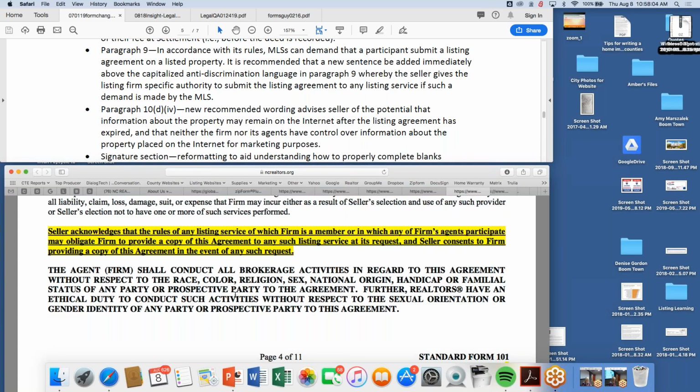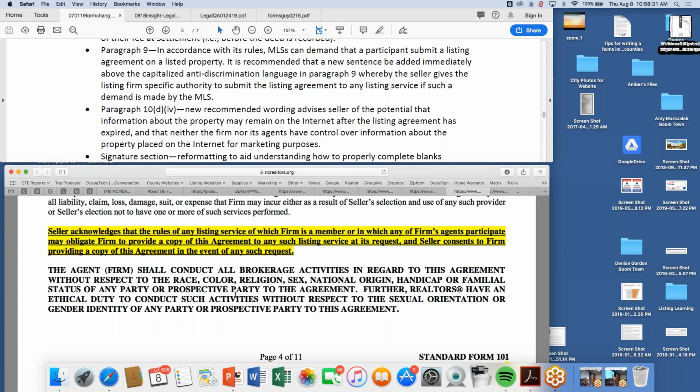So it's put into this piece on page 4 that seller acknowledges that the rules of any listing service of which firm is a member, or in which any firm's agents participate, may obligate firm to provide a copy of this agreement to any such listing service as it requests, and seller consents to firm providing a copy to it.